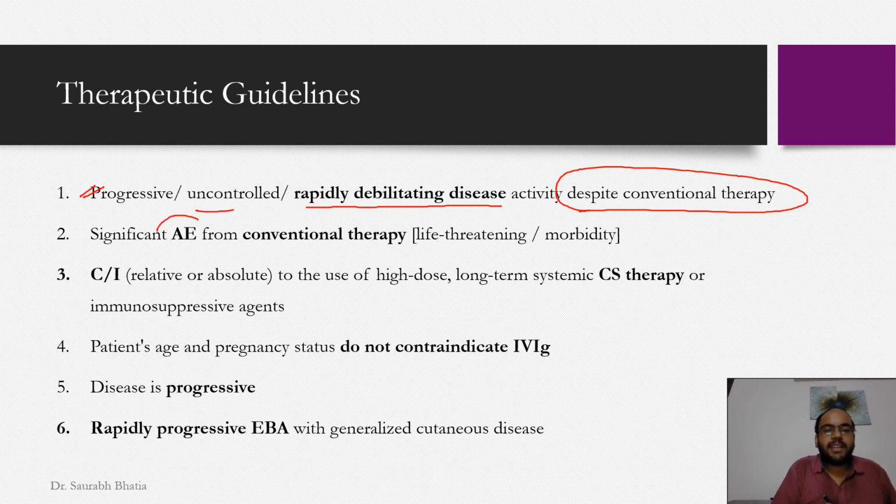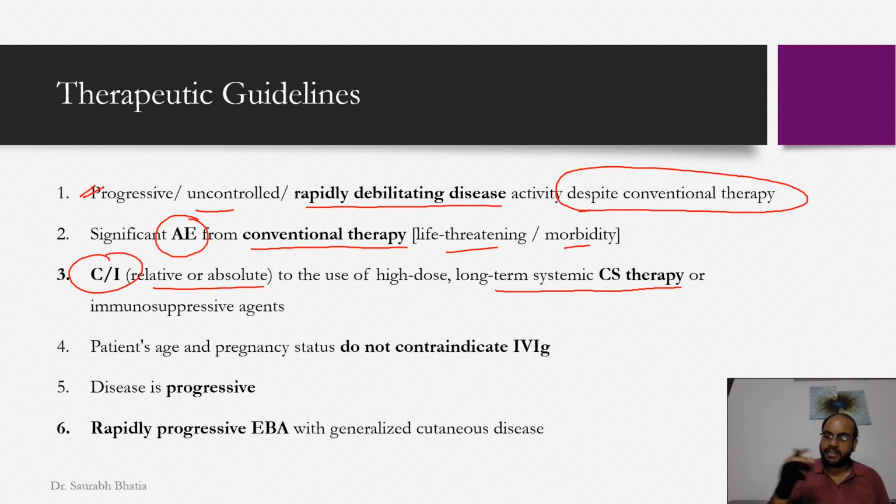Or if you have significant adverse effects of conventional therapy, which can be life-threatening or morbidity-inducing. So even if the conventional therapy is working, but the side effects are so much that you need to consider IVIg. If the conventional therapy or long-term systemic corticosteroid therapy is contraindicated, whether relative or absolute, consider IVIg when the corticosteroid therapy is contraindicated.